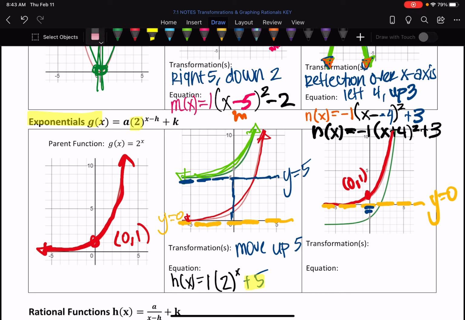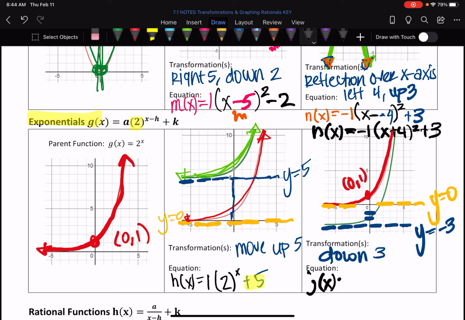I'm sorry. We actually went down 3. So my new asymptote is y equals -3. So the transformation is down 3. And for my equation, I'm going to have j of x equals 1 times 2 to the x, and then my asymptote is -3.